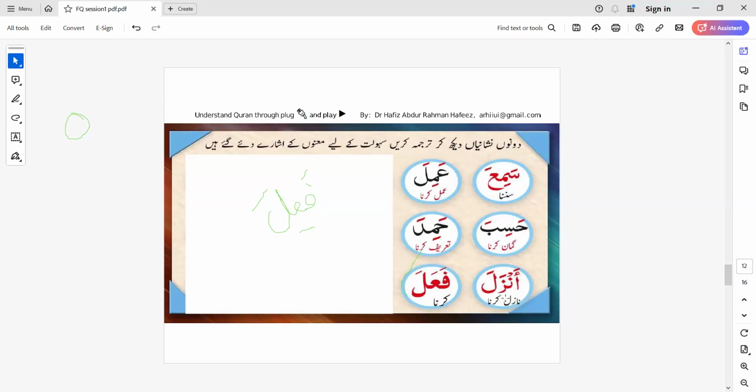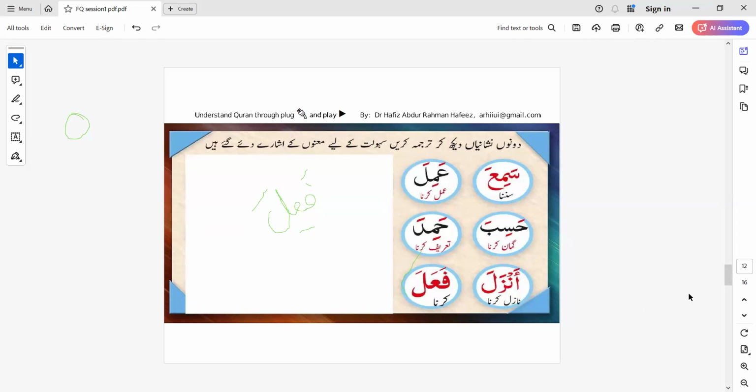Sometimes like Anzala has four letters, just a few have five and only a little bit have six root letters as well. We don't have to worry about them. We don't go through that. We just go for three-letter words. Okay. Concentrate on three-letter words.